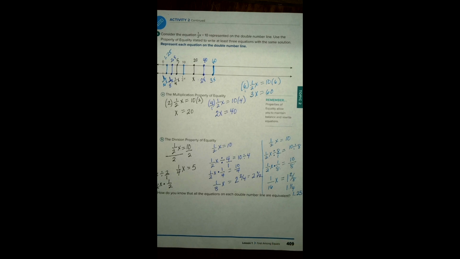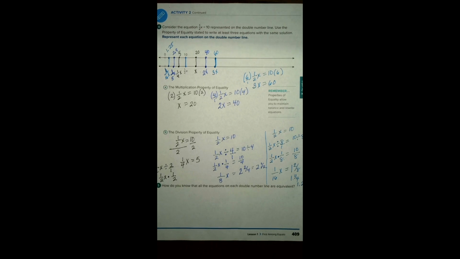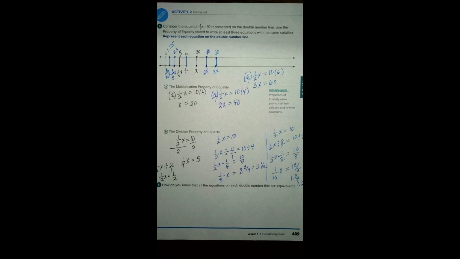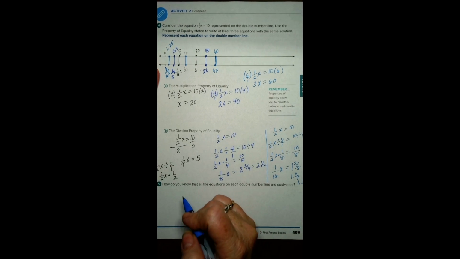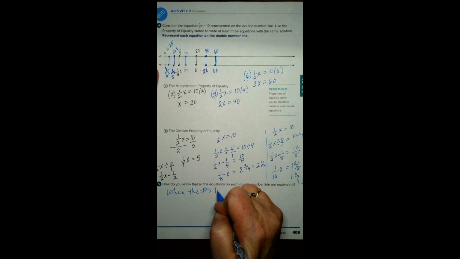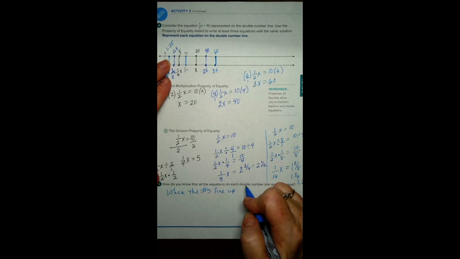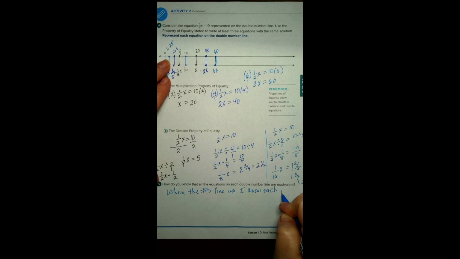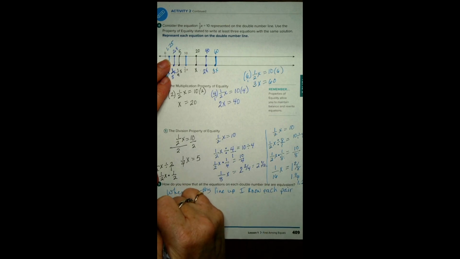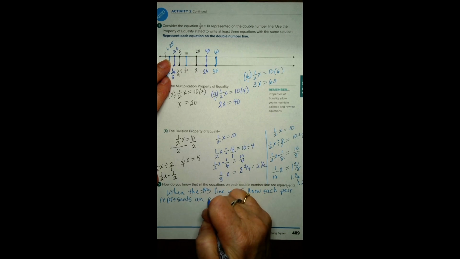Okay, so then it says, how do you know that all the equations on each double number line are equivalent? So we can just say, when the numbers line up, I know each pair represents an equivalent ratio.